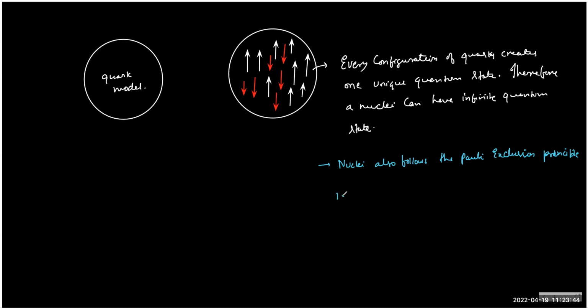And what it says is that either two protons or two neutrons cannot occupy all the same quantum state.